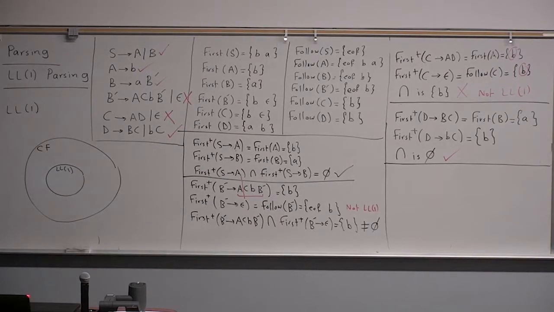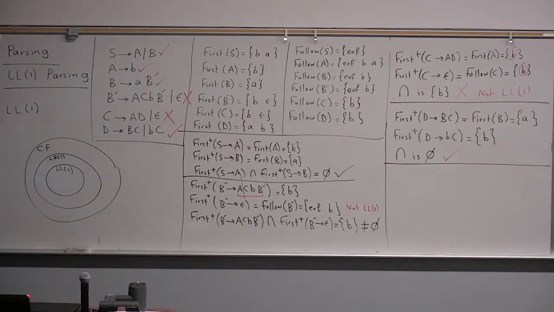And the technique that we will be studying in the next lectures, which is LR1, is more general. So it parses a larger set of languages. LR1 can parse a larger set of languages.